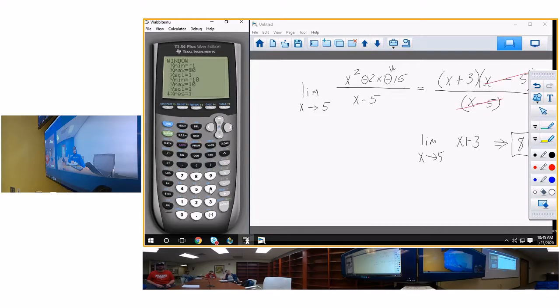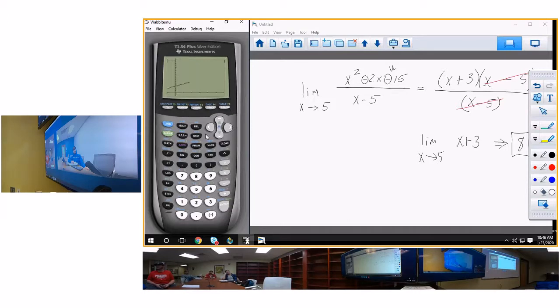For my y, I'm going to put -1 and 6, and then graph. Well, that's not going to work. I got to go higher on my y. So hit window, and on my y, I did 6, let's go to 15.